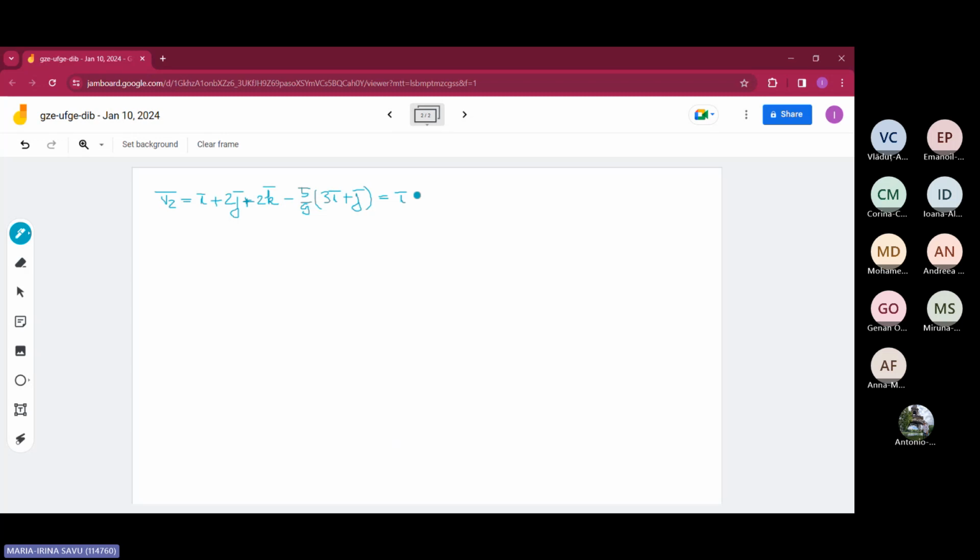So this means i minus 5 over 3i from this multiplication, plus 2j minus 5 over 9j from here, plus 2k.